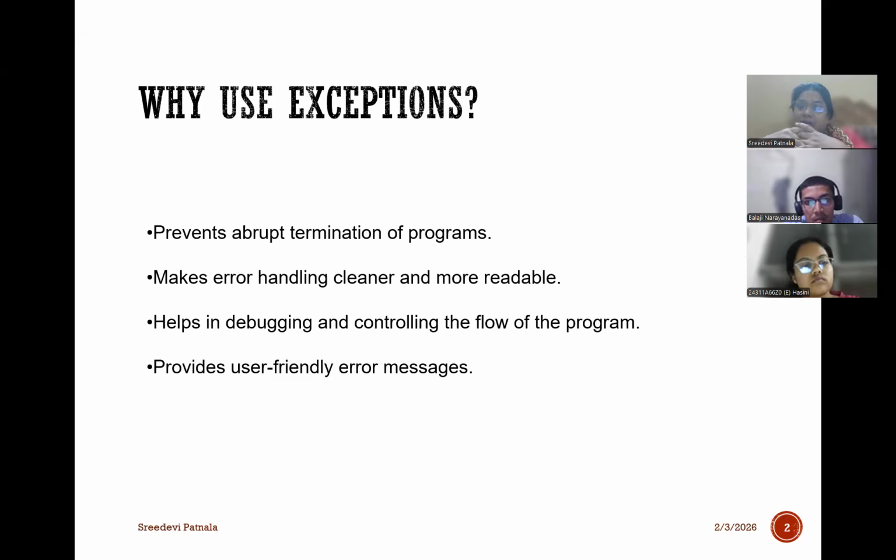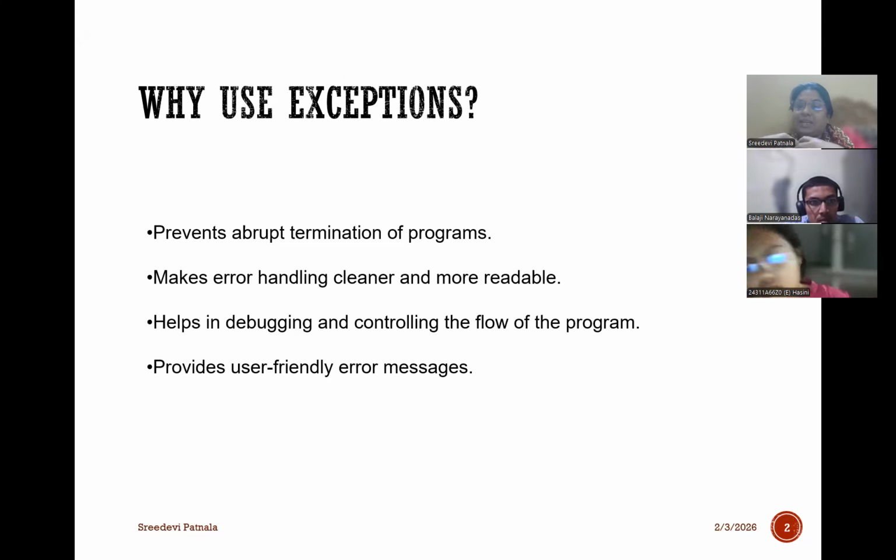That is called prevention. It makes error handling cleaner and more readable. Cleaner in the sense that when an exception happens, oh, somebody has made a human error, that's why it went to exception, and a readable message will come. And during your automation of testing script or something, if you give the exceptions, it will be readable, and also helps in debugging.